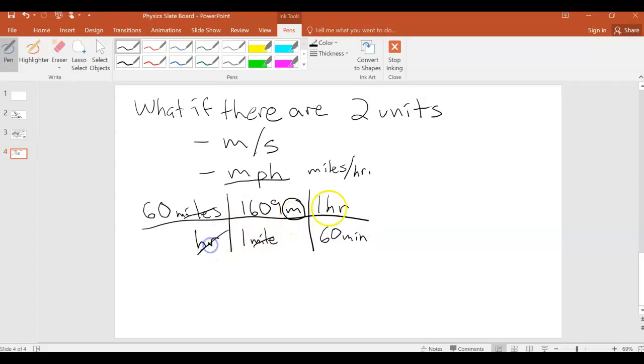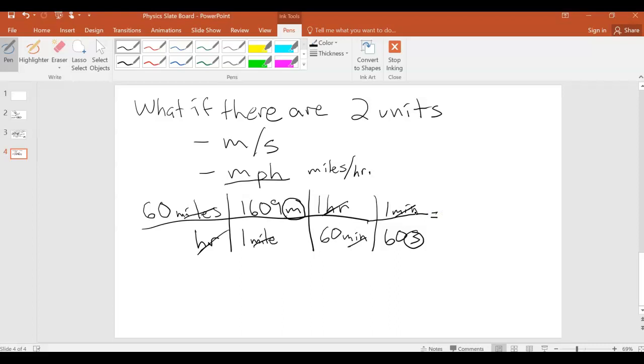And we can cancel hours. But we're in minutes and we still need to be in seconds. So then what you do is you'd have 1 minute equals 60 seconds. And then we can cancel minutes. So now we've got meters over seconds. So we're exactly where we need to be.